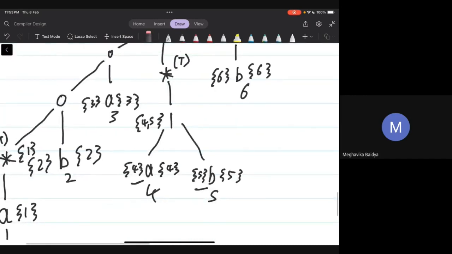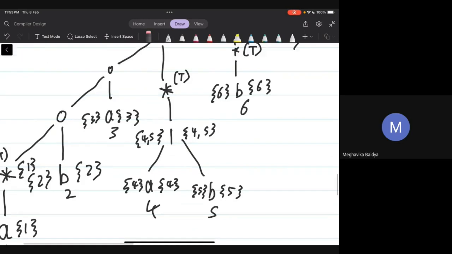Same thing for the lastpos: 4 and 5, because there's a 4 here and a 5 here. It's the union of lastpos of A and lastpos of B. So this is done. Now same thing for the star: you write what's below it, so 4 comma 5 and 4 comma 5.